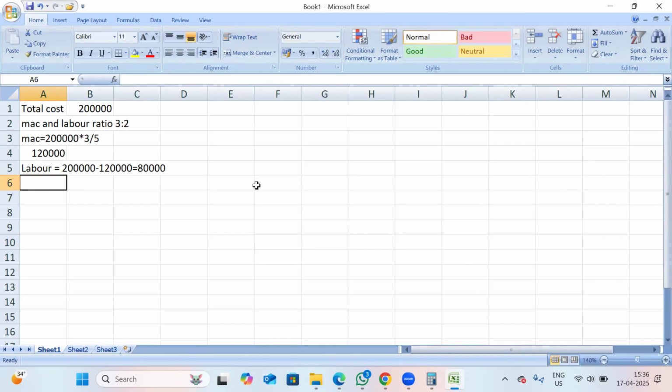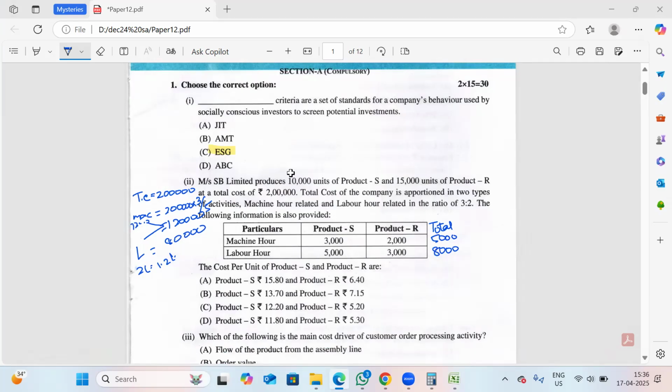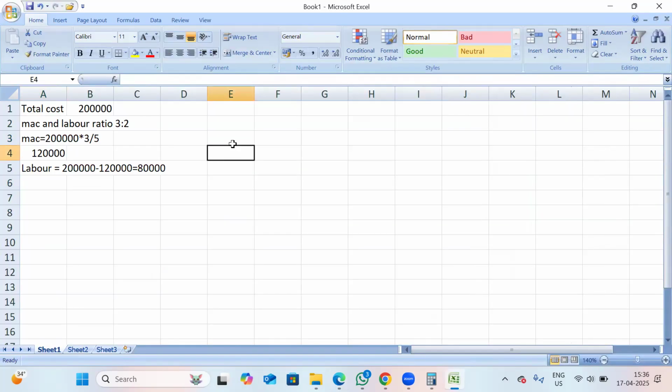Here for S we are utilizing 3,000 and for R 2,000 hours, so the total hours is 5,000. For product S, it is 1,20,000 into 3,000 by 5,000. In this way also you can straight away calculate it. Either you can calculate on a per hour basis and convert into the total.